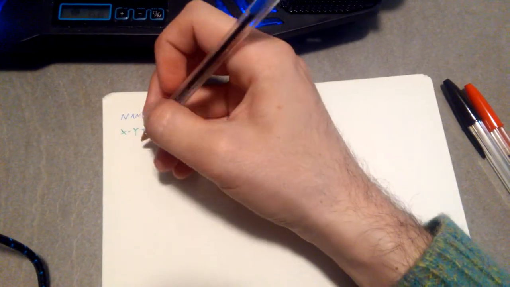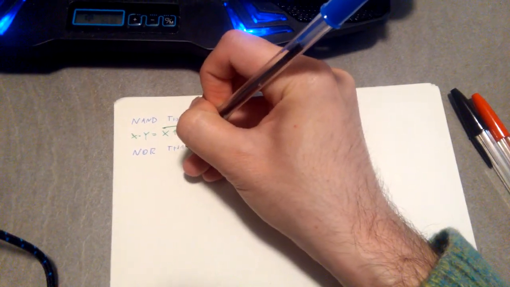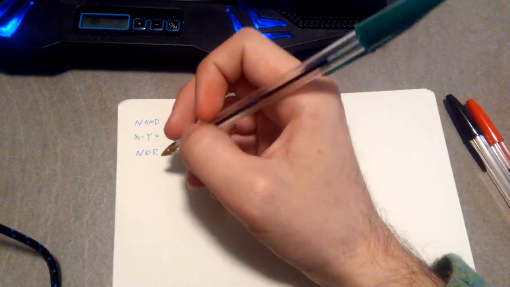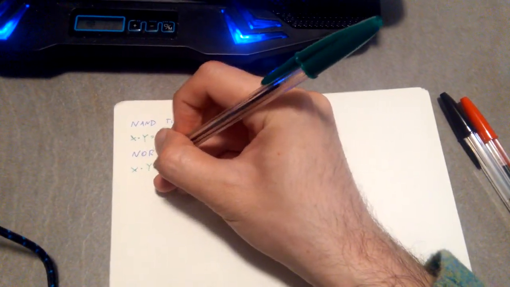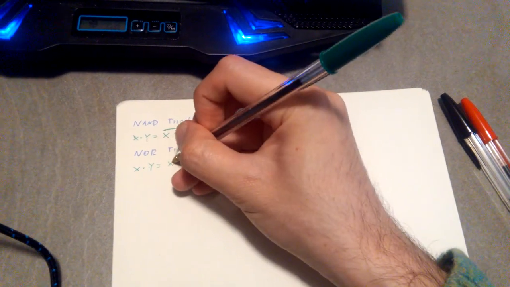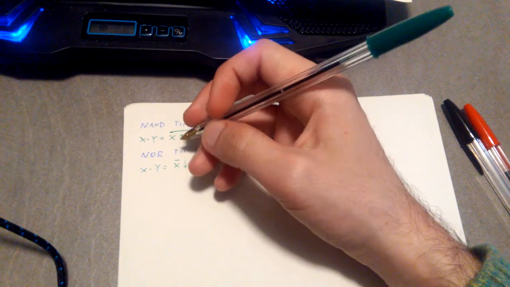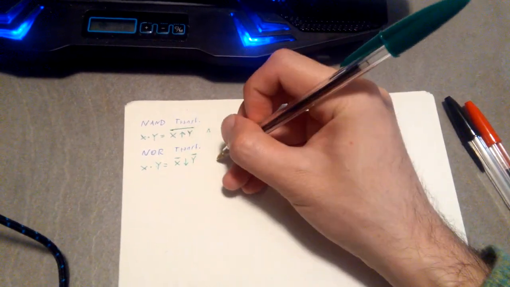While a NOR transformation says the opposite: that x times y is x not, then this one, the arrow down, and then y not.